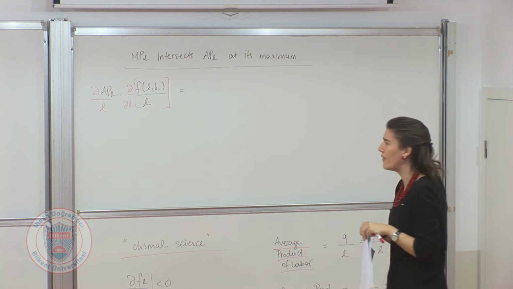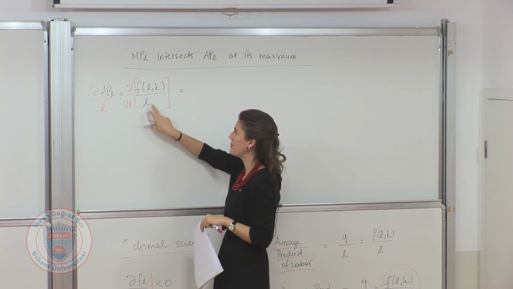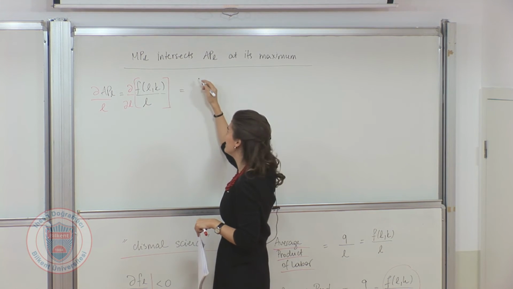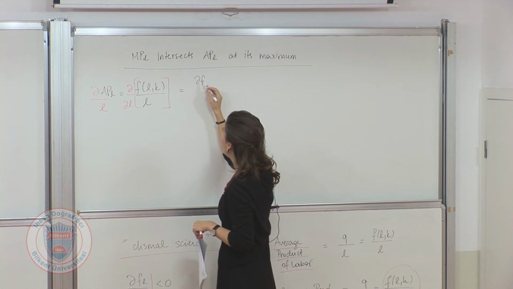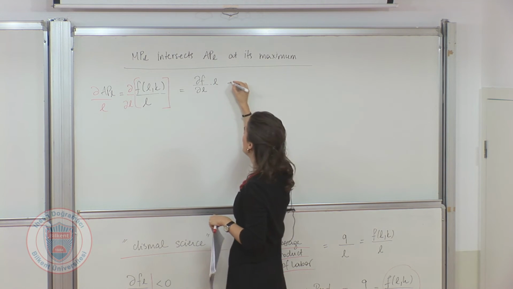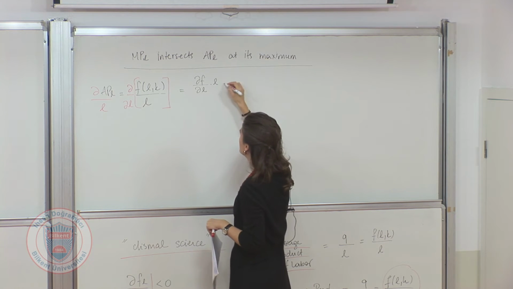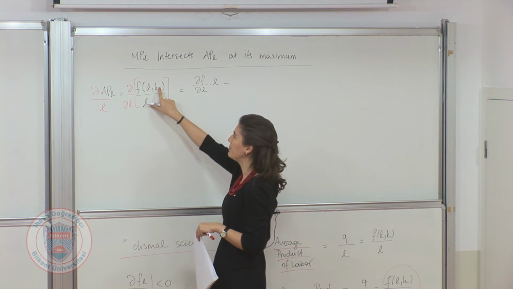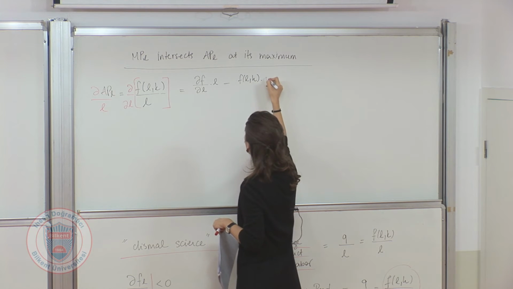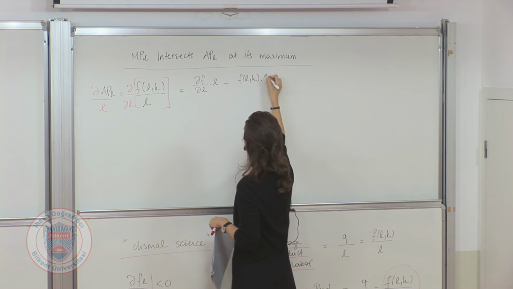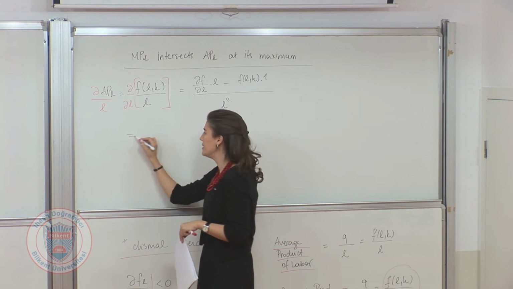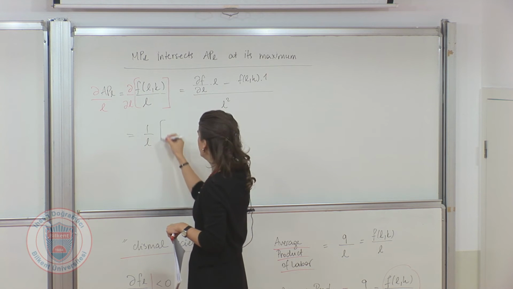If I want to take the derivative with respect to L, first I take the derivative of the numerator, del F over del L, times L, minus, keeping this the same, F of L, k times 1, divided by L squared.